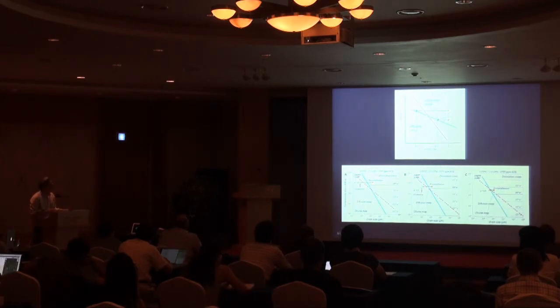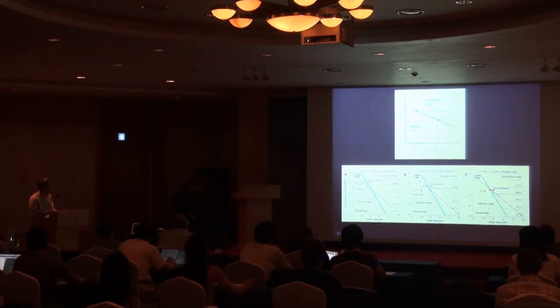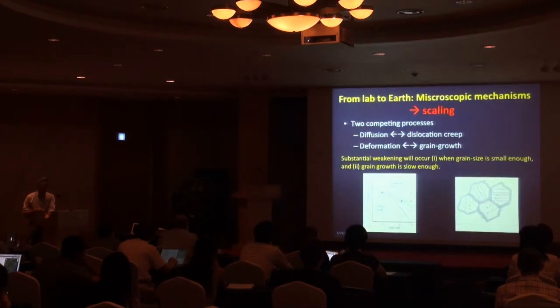This transition occurs when the temperature is low enough, because at low temperatures the domain of diffusion creep expands, because its activation energy is lower than that of the dislocation creep regime. If you go to high temperatures, this domain shrinks, and even if grain size reduction occurs, you never go into the diffusion creep regime. So this is a brief explanation of why we didn't see weakening at high temperatures.